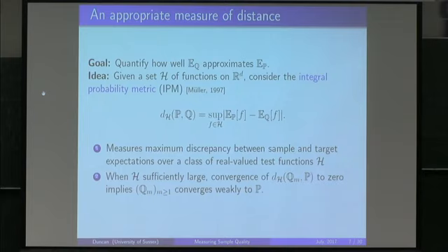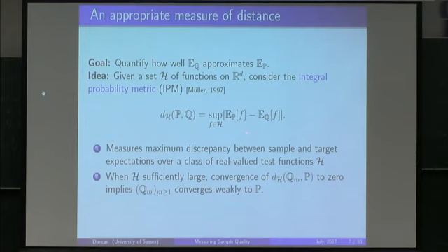If we're interested in Monte Carlo methods and Bayesian inference in general, what we really want is that an expectation with respect to the empirical measure approximates well the expectation with respect to the target distribution P. Based on that, we can define the so-called integral probability metric, which is basically the maximal discrepancy between the two expectations over a class of functions H. In general, this is a pseudo metric.